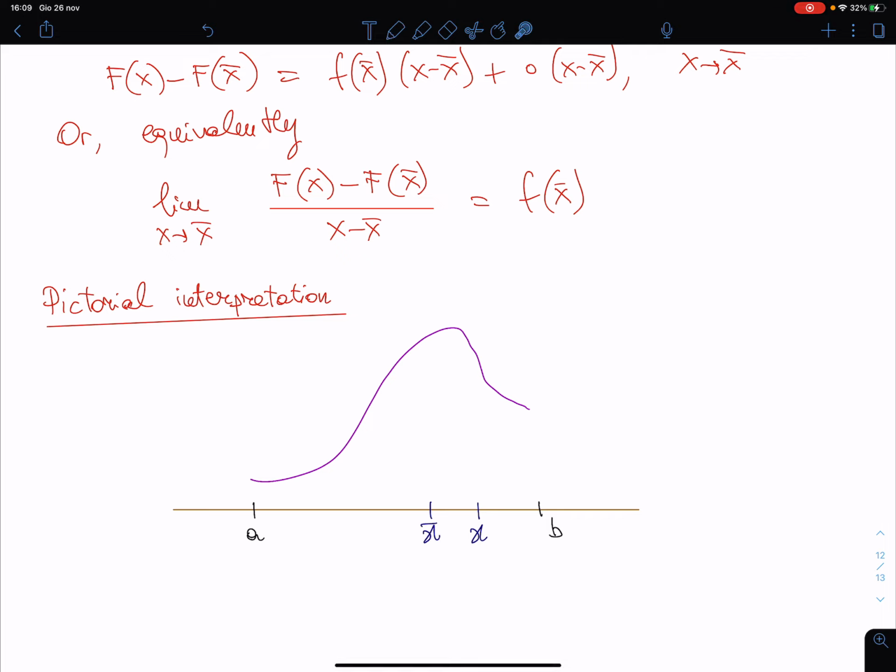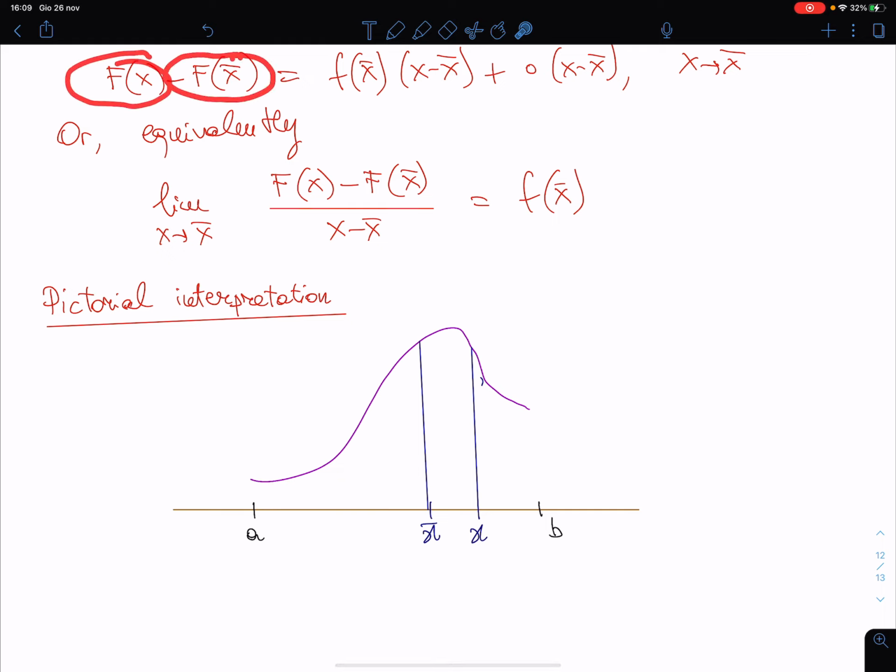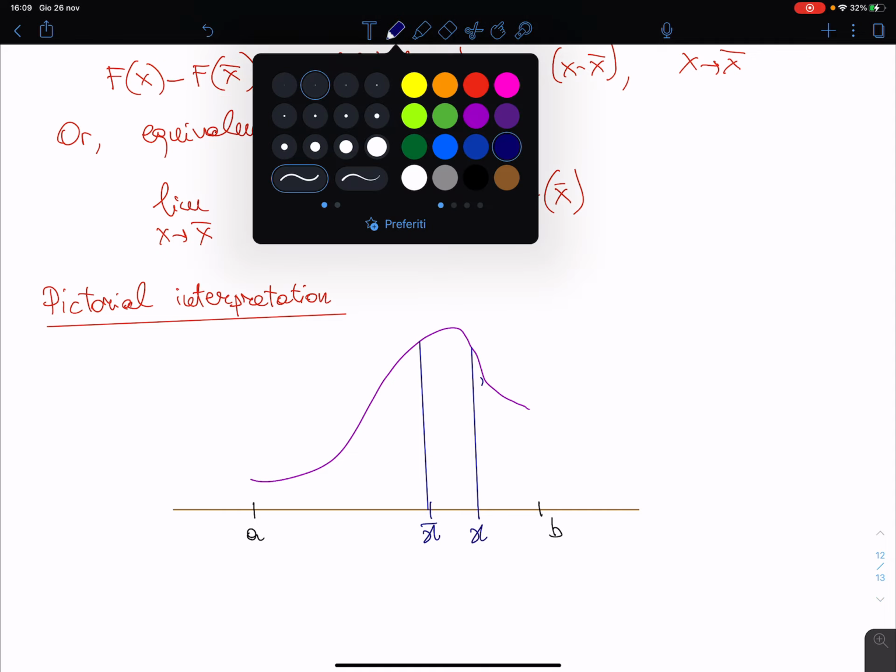So what happens is that capital F of x is equal to the area under the purple graph between A and x. This is the area. On the other hand, capital F of x bar is the area between A and x bar. So it is clear that the difference between the two, F of x and F of x bar, is the area here.